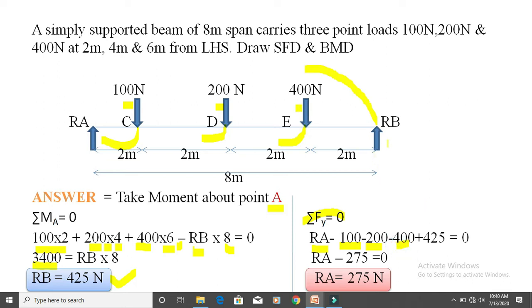And RB is going in upward direction, and we already calculated the value of RB as 425 Newton, so plus 425 is equal to 0.